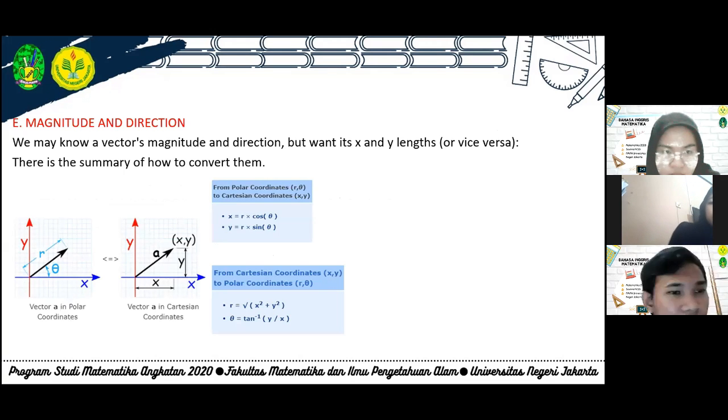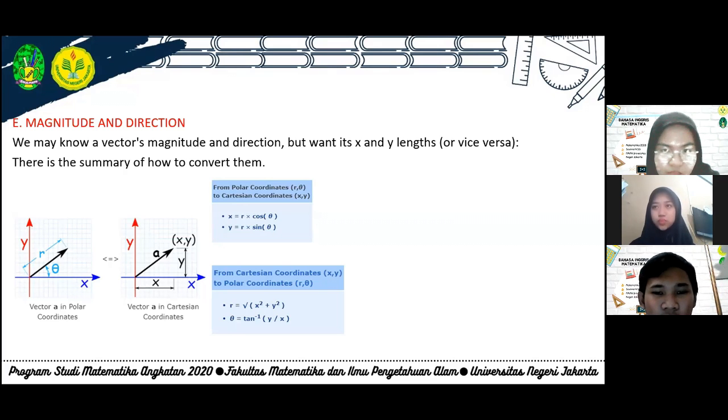Next is magnitude and direction. We may know a vector's magnitude and direction, but not its x and y length, or vice versa. Here is a summary of how to convert them. From polar coordinates to Cartesian coordinates, we use the formulas x equals r times cos theta and y equals r times sin theta.